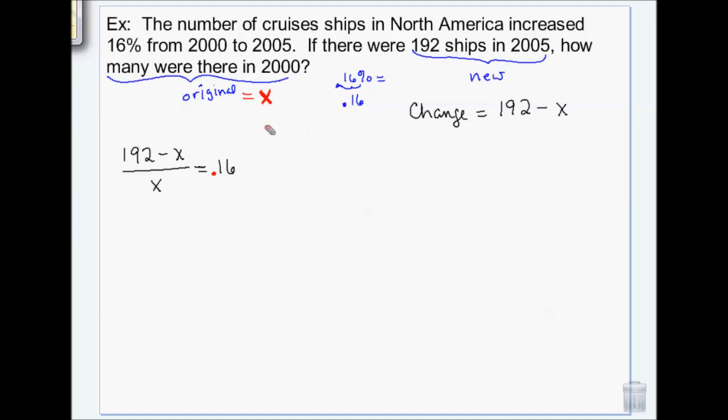If you don't want to work with the decimal though, we can use the formula of the percent over 100. It's up to you.